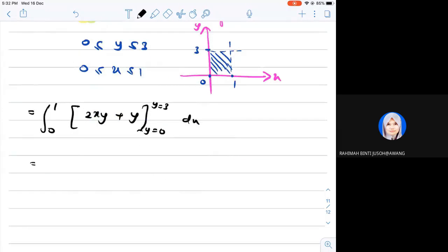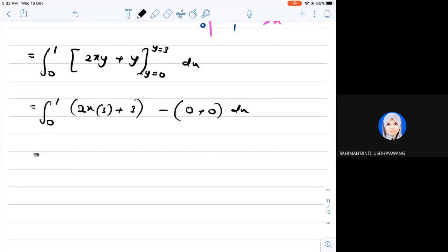So we will have the integral from 0 until 1 of 2x times 3, plus 3, minus, substitute y equals 0, so 0 plus 0, dx. So we will have the integral from 0 until 1 of 6x plus 3 dx.